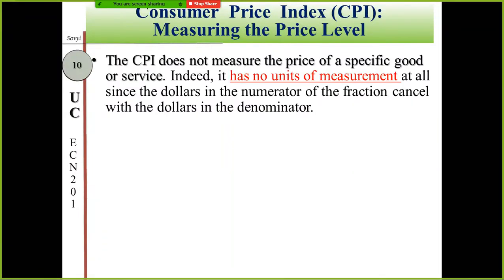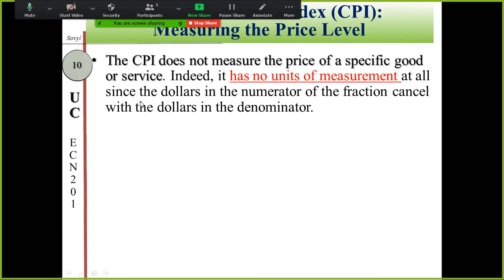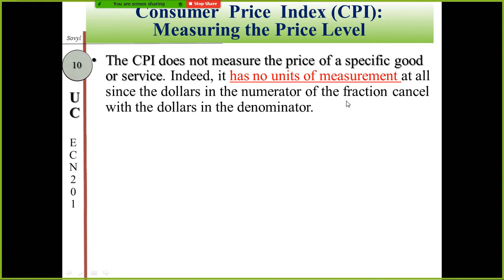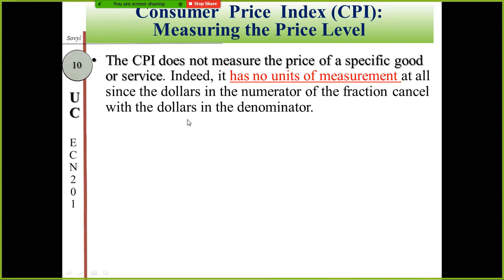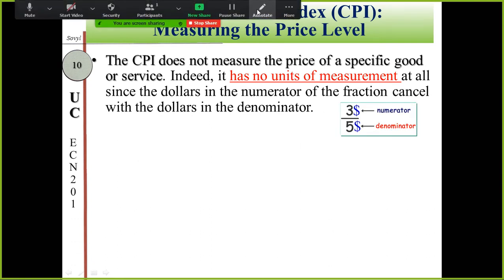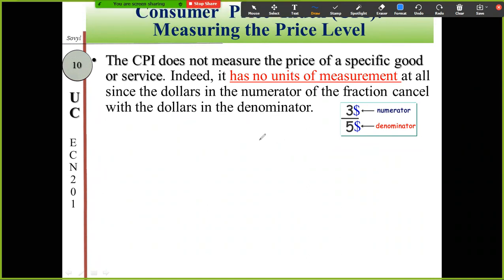Why? Because the currency unit or dollar unit in the numerator of the fraction cancels with the dollars in the denominator. What is a fraction? This is a fraction. For example, I can say this is $3 over $5.